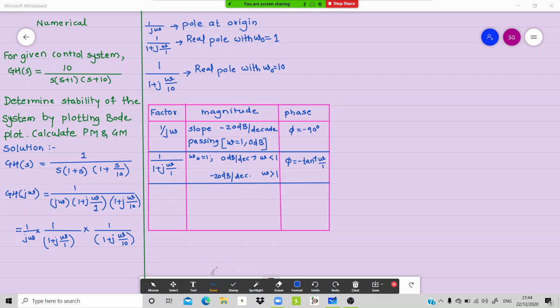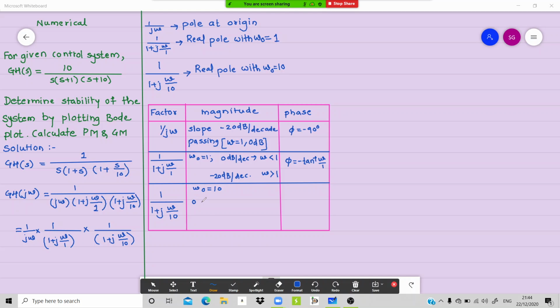So the third factor that we are having is 1 plus j omega upon 10, right? So omega naught is 10.